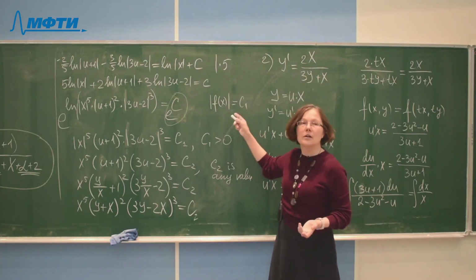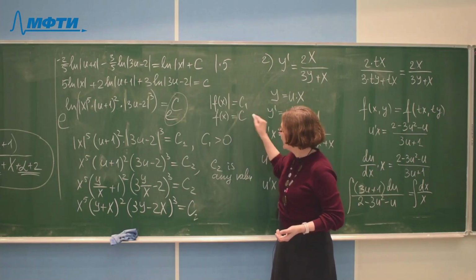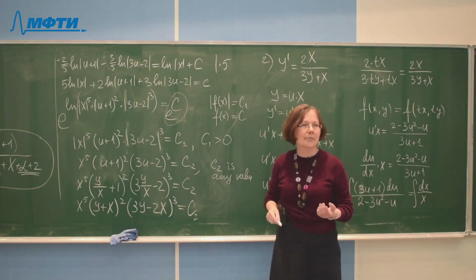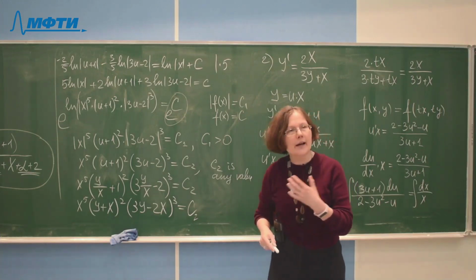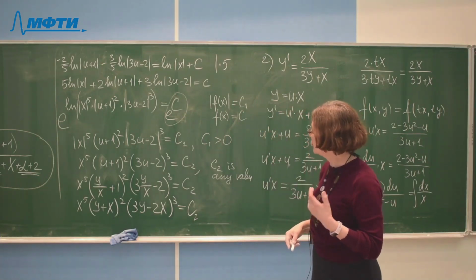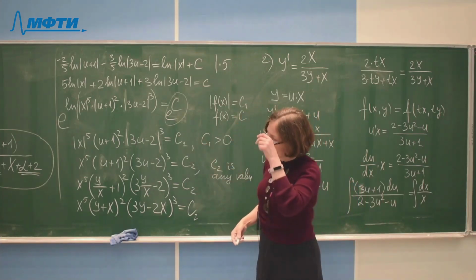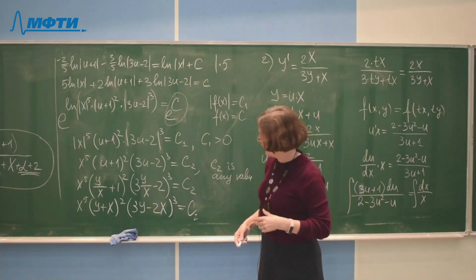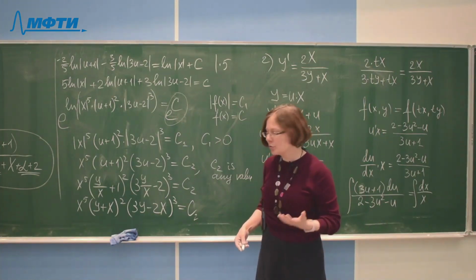So if we write f of x equals an arbitrary constant, it's the same, right? But we should consider the case when c2 is equal to 0. So is it possible for c2 to be equal to 0?